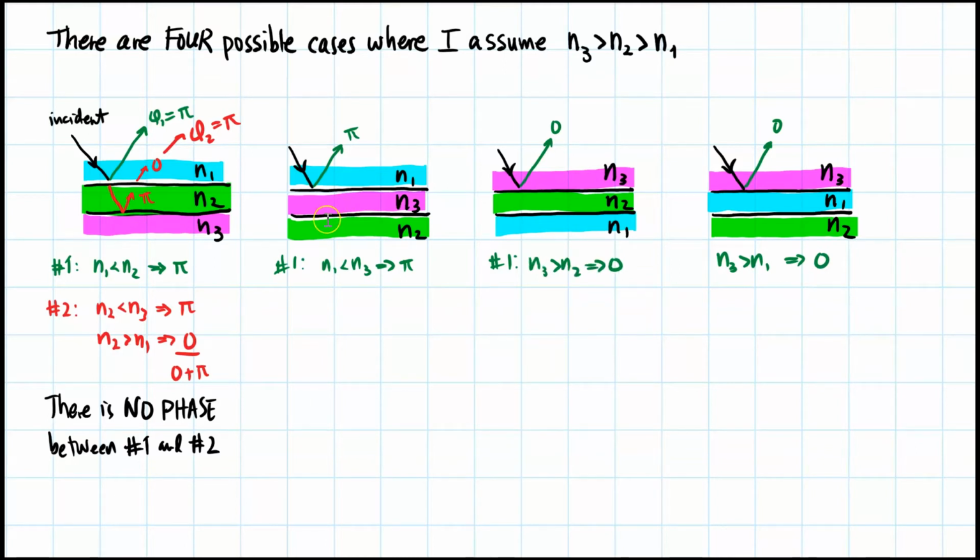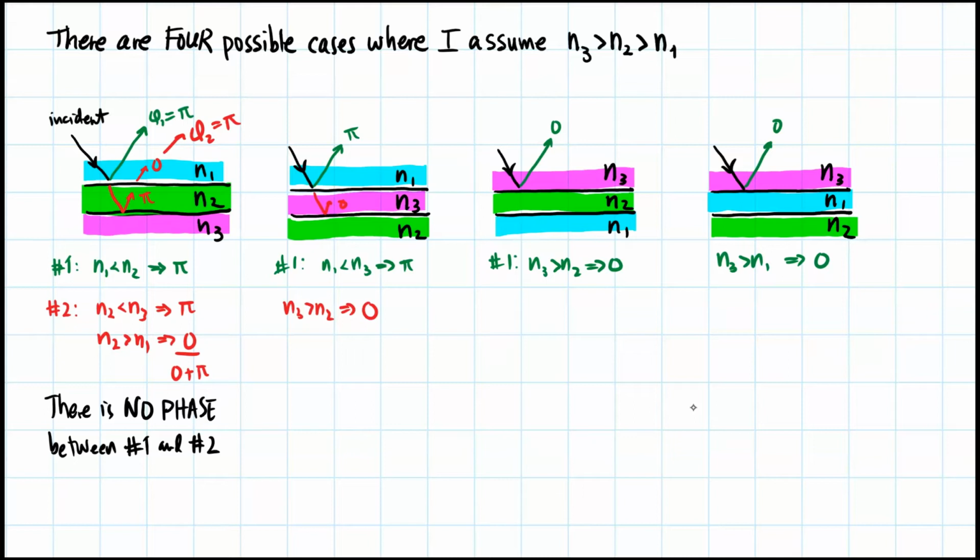Now let's focus on wave 2. Here I'm going from n3 to n2. So if I go from n3 to n2, I'm going from a harder to a softer, so therefore I'm going to get 0 phase. But then, that means from here to here, I'm going to get 0.